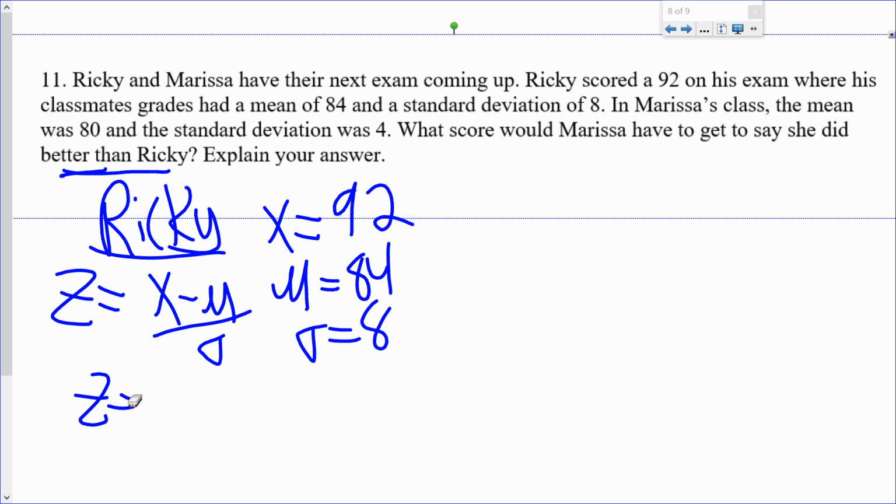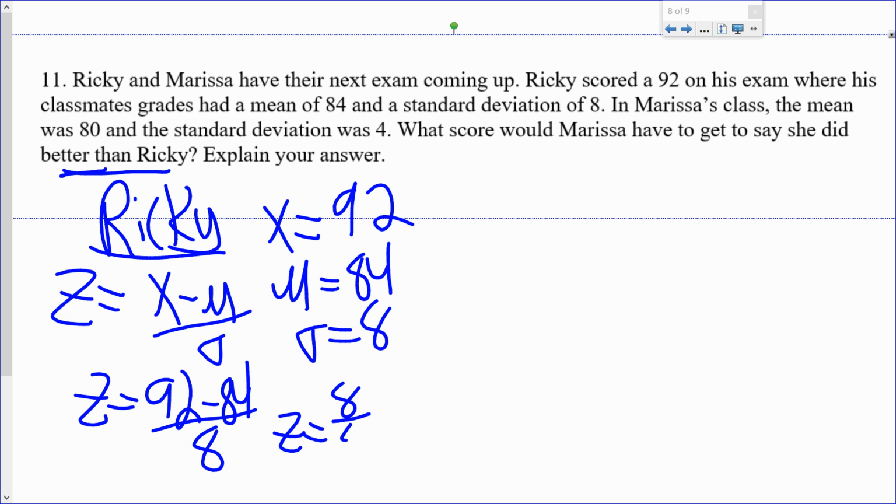So Ricky's z-score is 8 over 8, which is 1. So what score would Marissa have to get to say she did better? Marissa needs a z-score that's higher than 1.